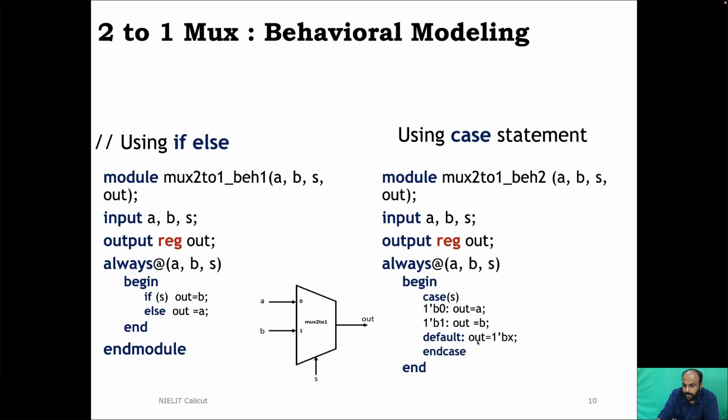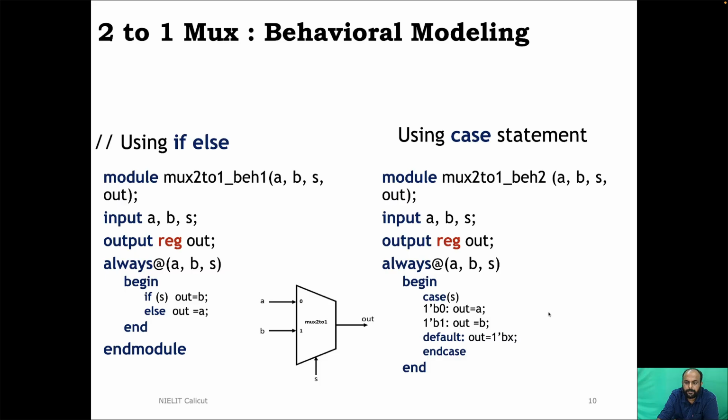I am writing that if the user is not giving 0 or 1, let the output of my multiplexer be 1'bX, in a high impedance state. This is not part of the specification, I have added it myself, but this is a good practice when you are writing Verilog descriptions for synthesis purposes, because it avoids a lot of inference issues otherwise.